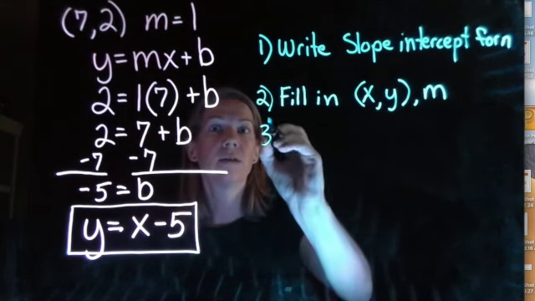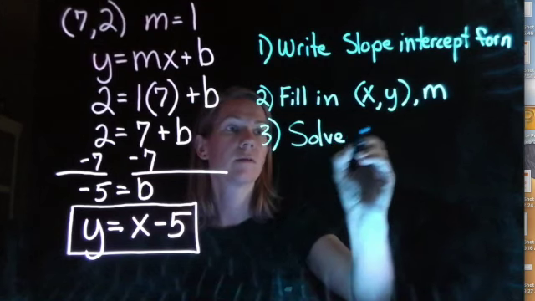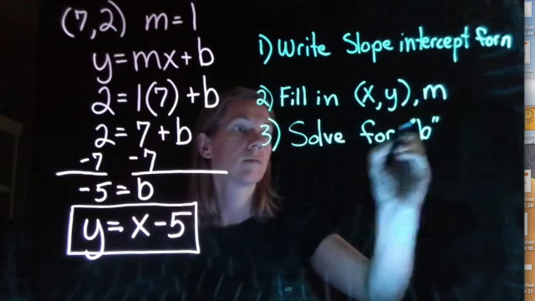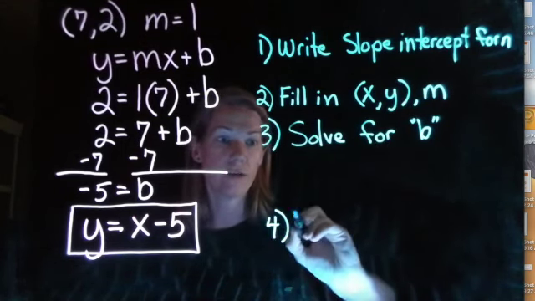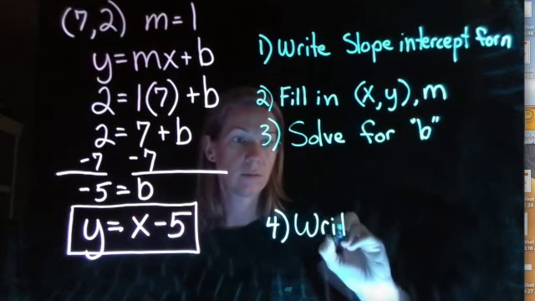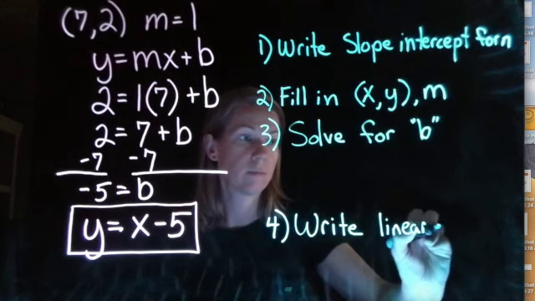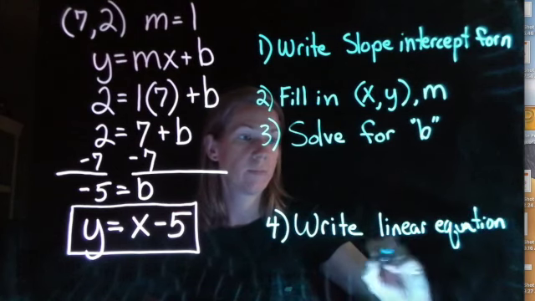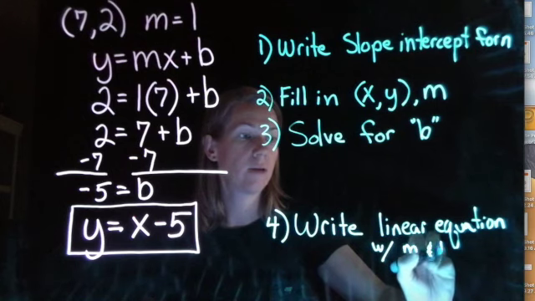Step 3 is to solve for b. And at the very end, you're going to write the equation of the line. And you're going to write it with your m and b.